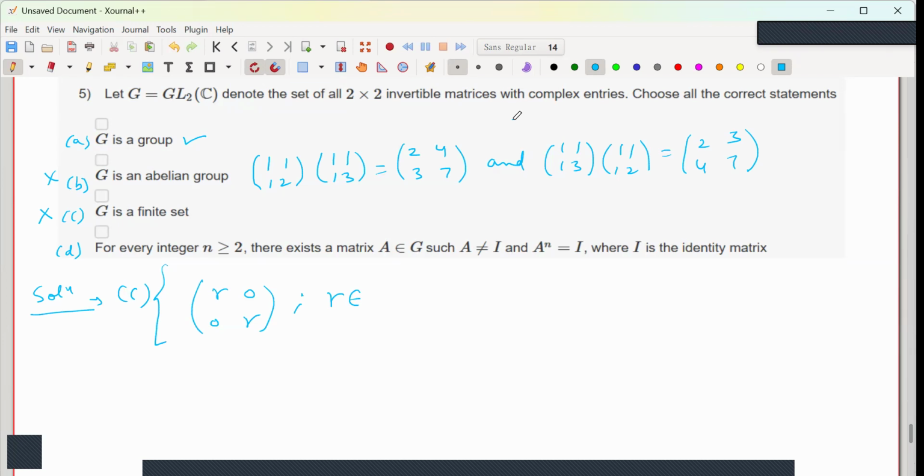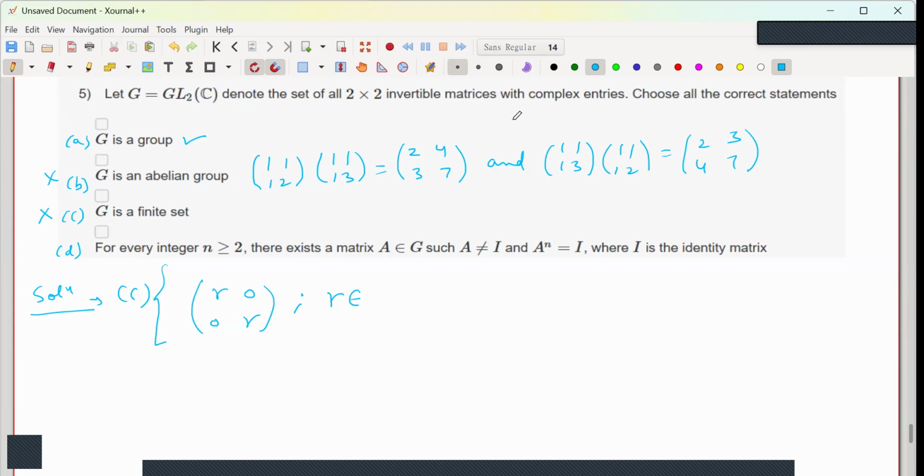Even rational will work. Or even non-zero complex numbers.